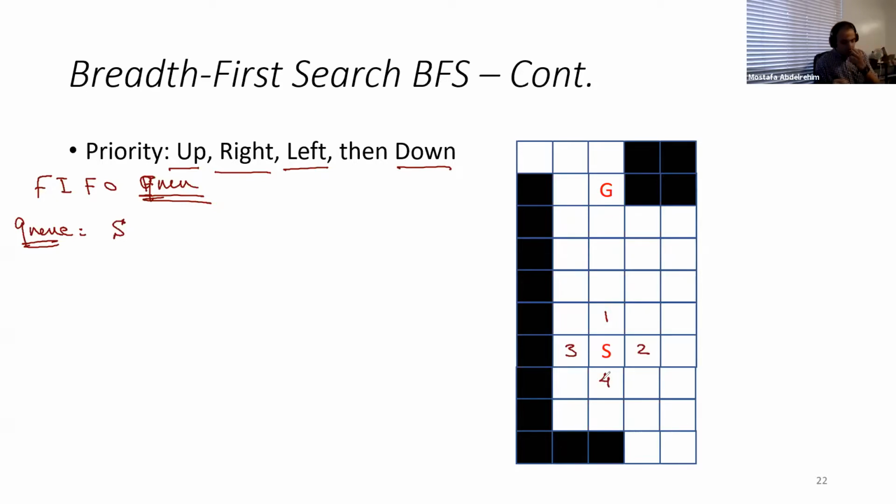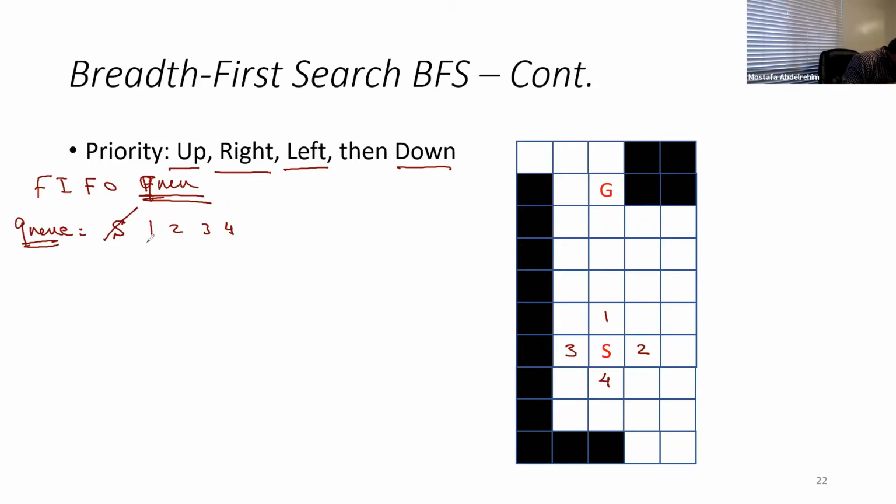You can do your own order, that doesn't matter. So we will put in the queue 1, 2, 3, 4. We finish the start, then remove it from the queue. It's explored. Don't return to it again.